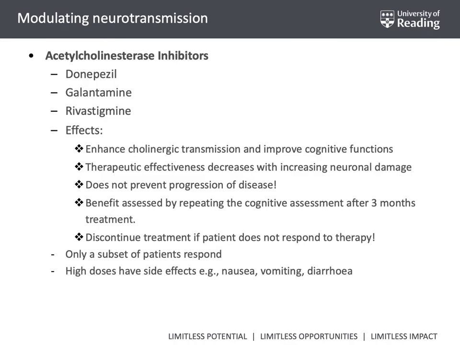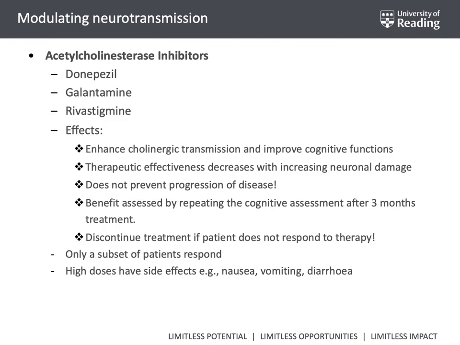So what you've got out there in terms of acetylcholinesterase inhibitors are donepezil, galantamine, and rivastigmine. And again, what you're trying to do is to enhance that signal transmission that's mediated through acetylcholine.